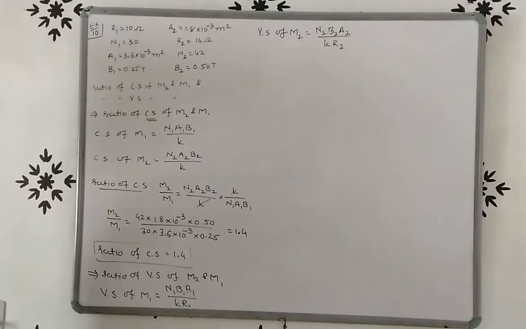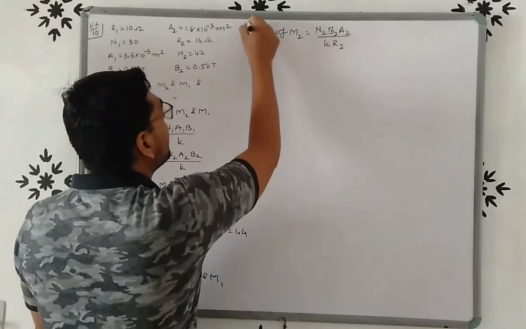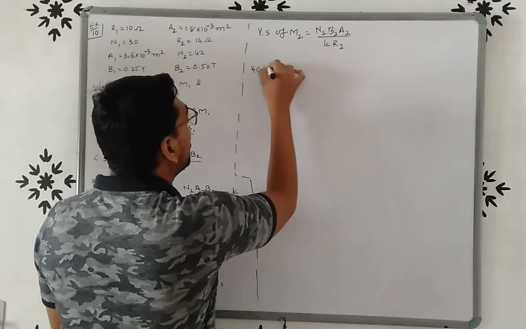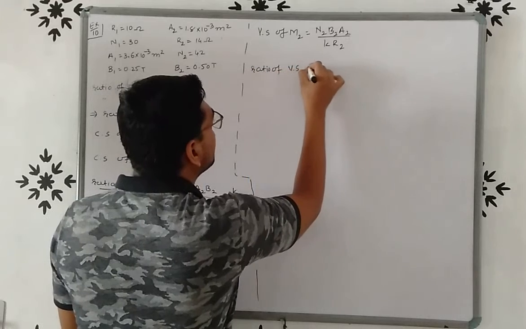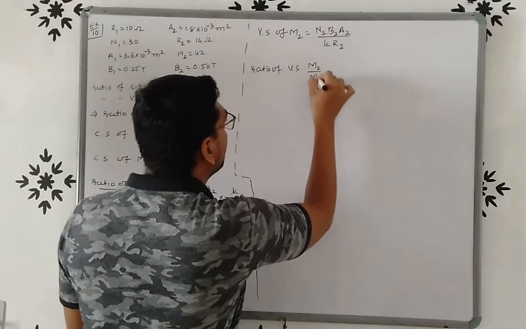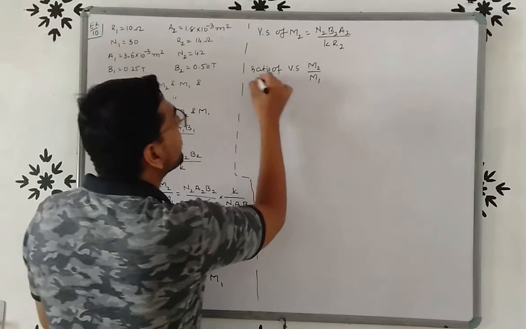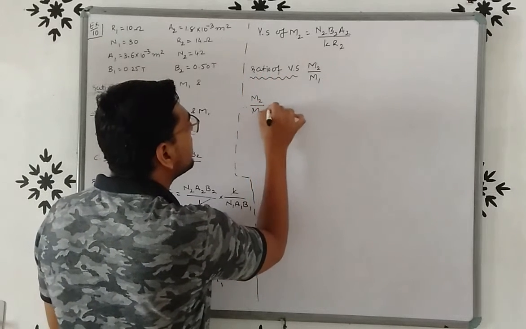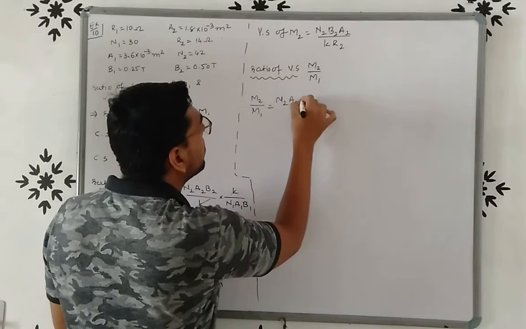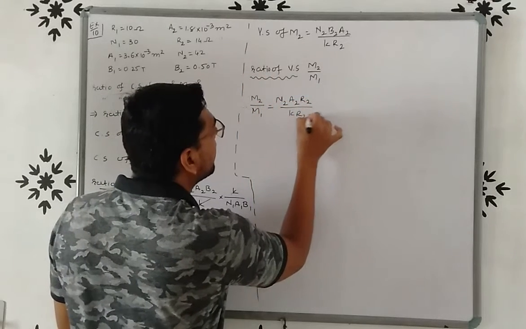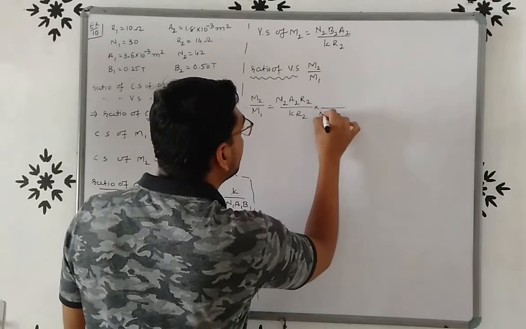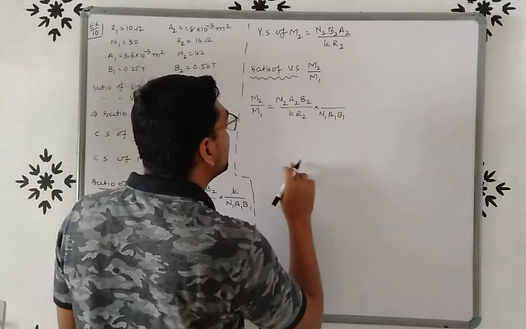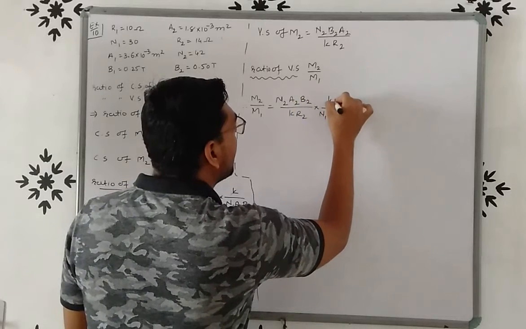We have to find the ratio of voltage sensitivity, M2 upon M1. The value of M2 is N2 A2 B2 by KR2, and the value of M1 is N1 A1 B1 by KR1.